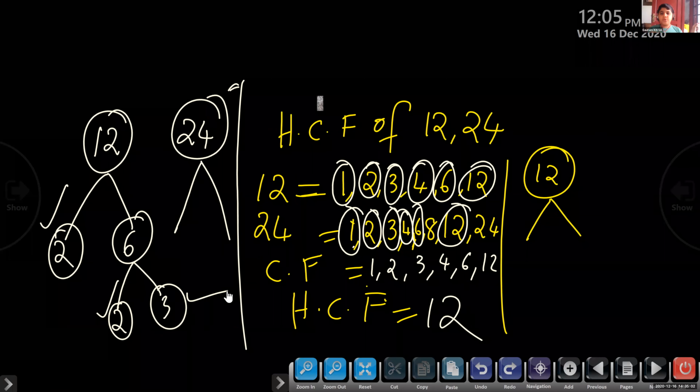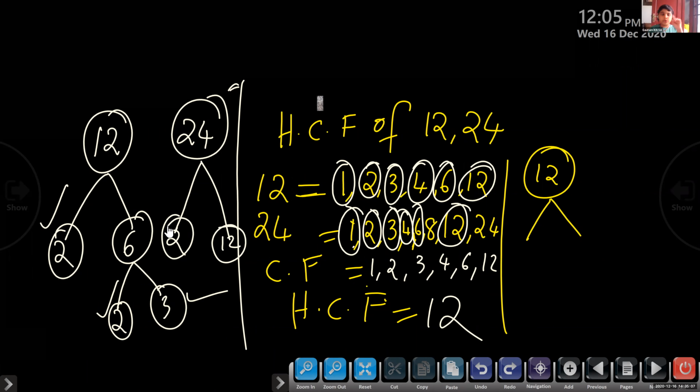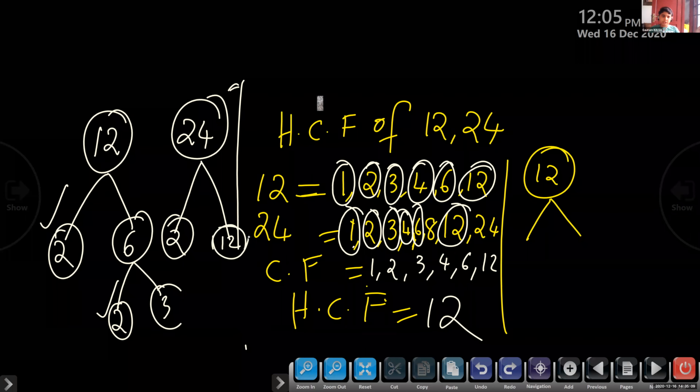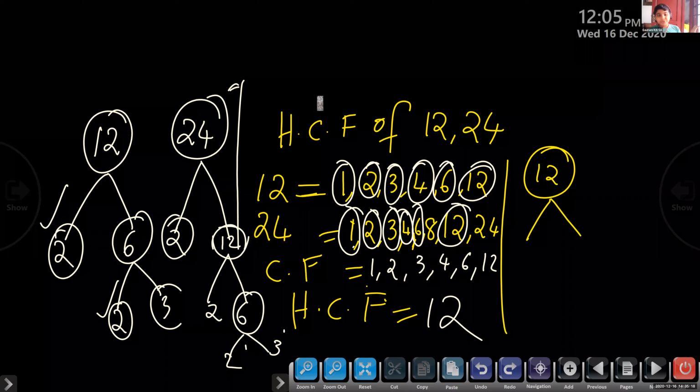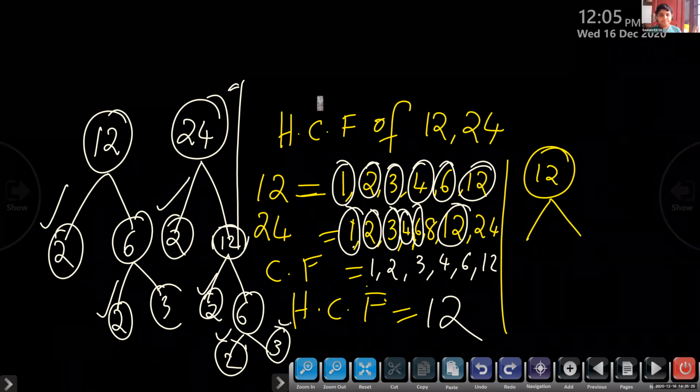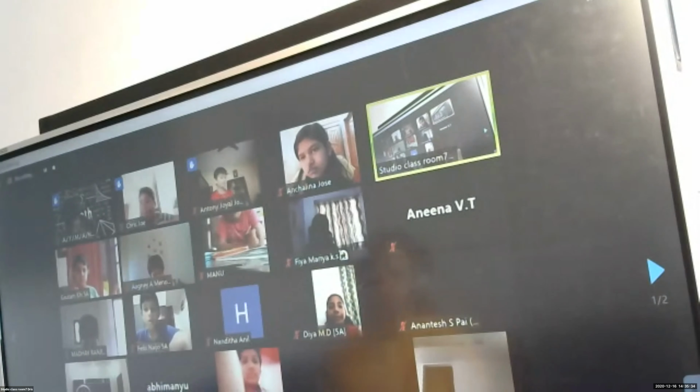Now check for 24: 2 into 12, 2 into 6, and 2 into 3. So 24 is 2 into 2 into 2 into 3. The highest common is 2 into 2 into 3, that is 4 into 3, 12. So in any method, the highest common factor is 12.